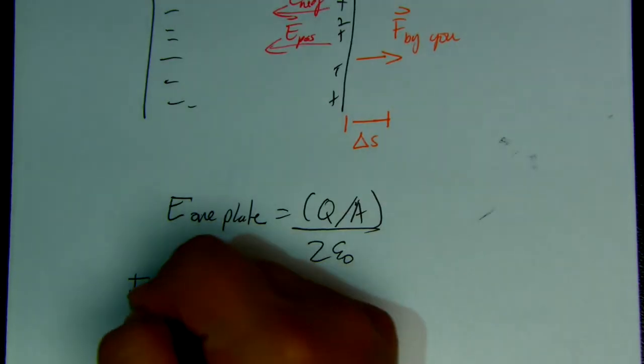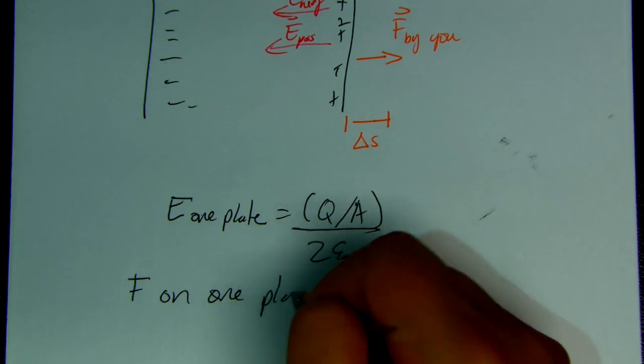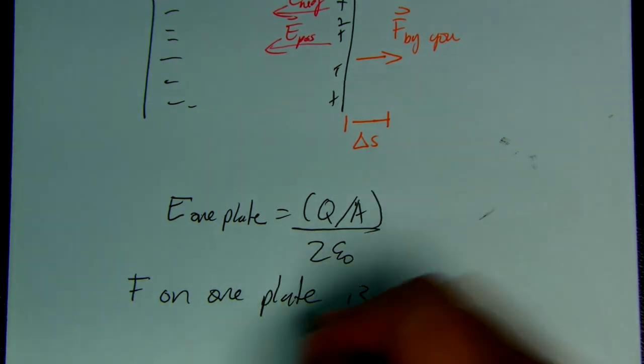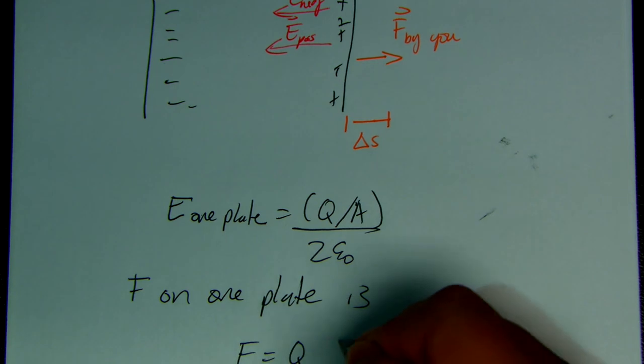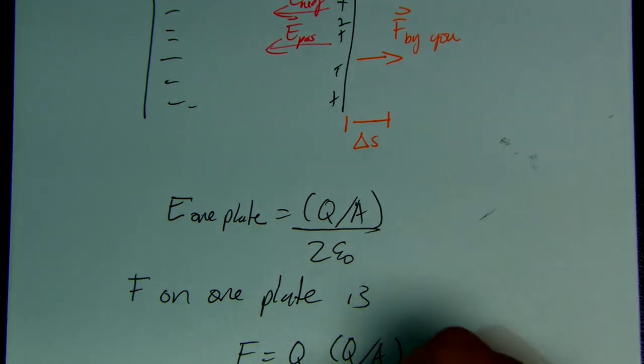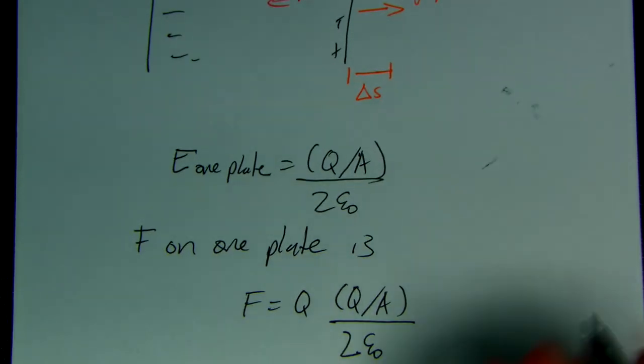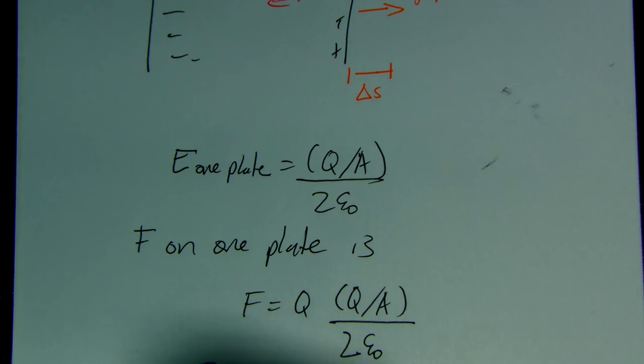And the force on one plate from the other is F is equal to Q over A over 2 epsilon naught. And the force to pull it apart must exceed this.